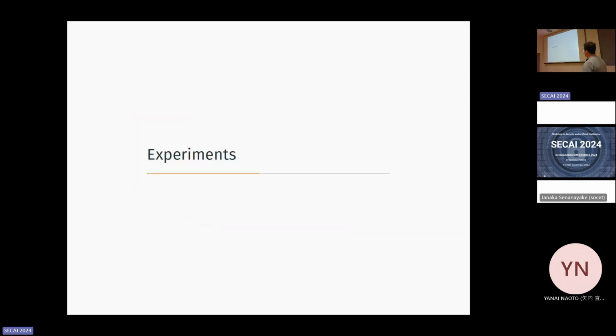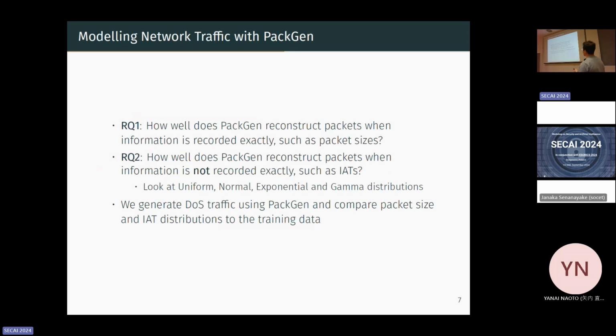We have some experiments to show this works. In the first case, we're trying to show how good PackGen, a packet generation framework, is at doing that effectively. When we train PackGen Markov models on data, how well does it reconstruct our original training data? The first research question is about information that we've recorded exactly, such as packet sizes.